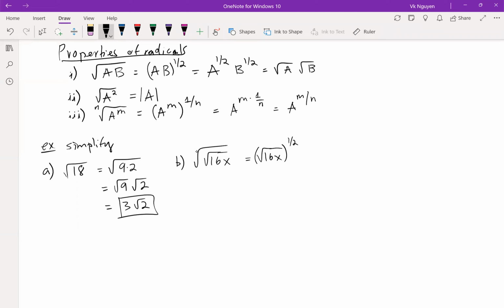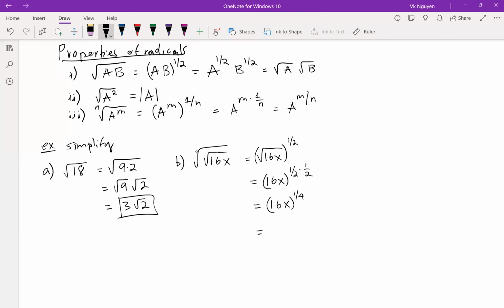And then the square root is another power 1 over 2. So it's going to be 16x to the power 1 over 2, using exponent rules, times 1 over 2. We have 16x to the power 1 over 4. 1 over 4 is the same as the fourth root.